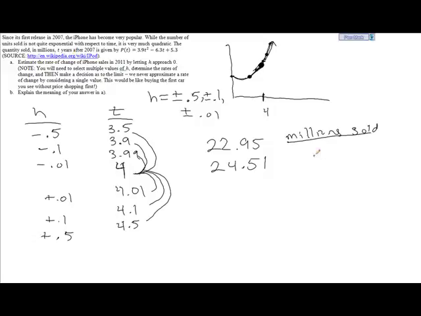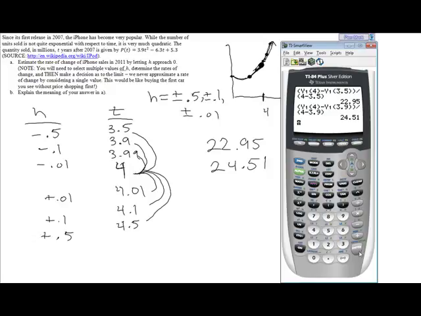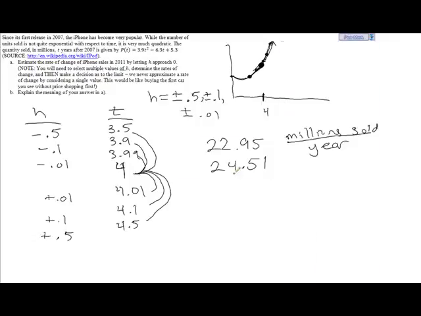Our input is years, so it's millions sold per year. This is not how many are sold every year, but by how many more are sold every following year. Now we recall the entry to do 3.99, and we get 24.861.